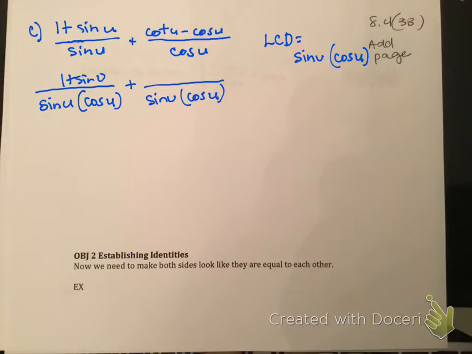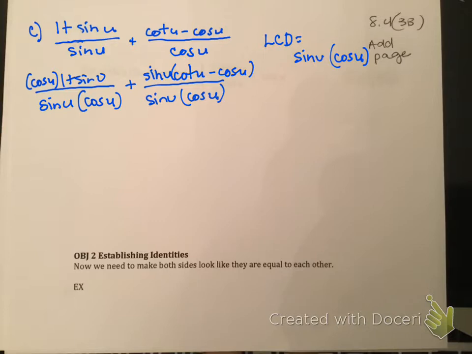So what I do to the denominator, I have to do to the numerator. And then the second one, I had cotangent u minus cosine u, and I'm going to multiply that by sine u because I did not have that in the denominator before.